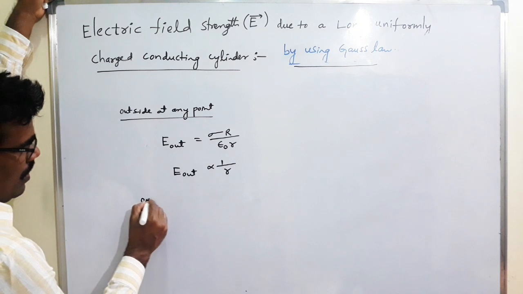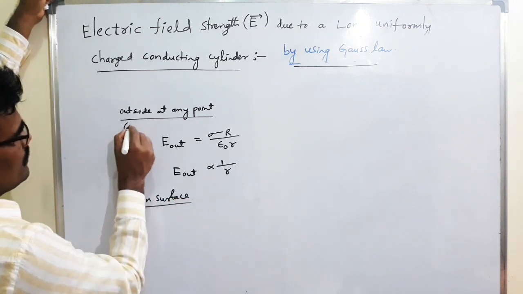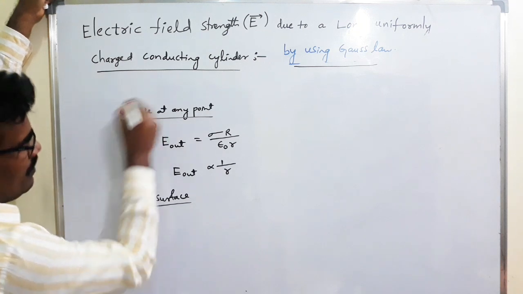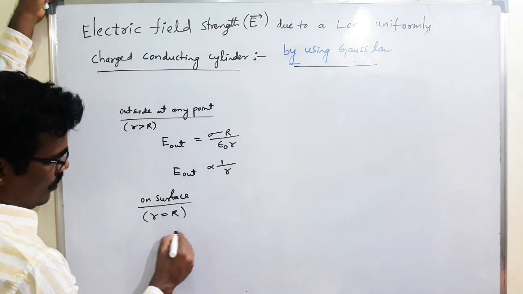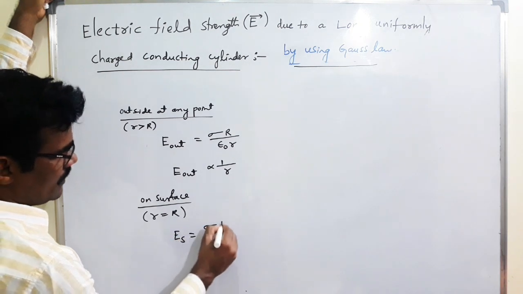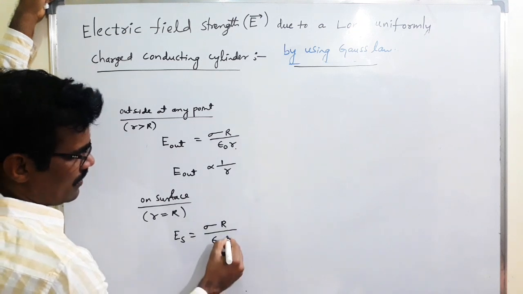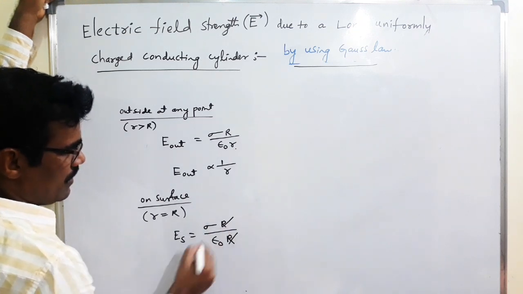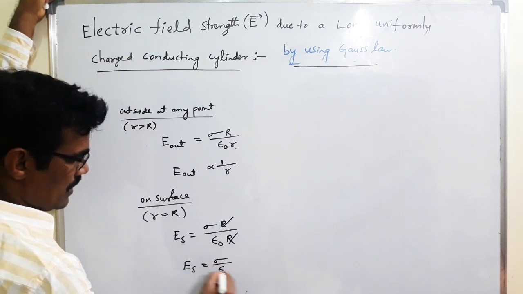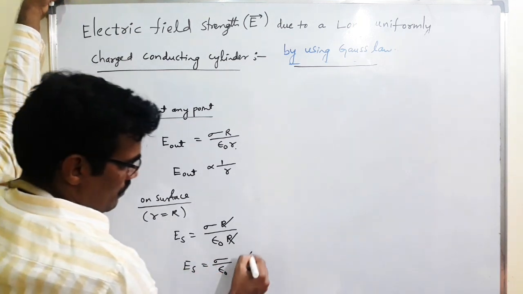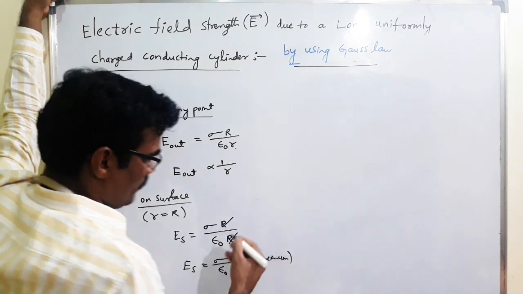Now on the surface, small r is equal to capital R. Therefore on the surface, sigma R by epsilon naught r, capital R cancels. E surface is equal to sigma by epsilon naught. This is the maximum. Field is maximum.